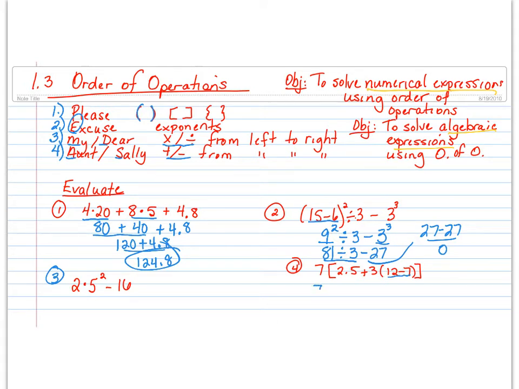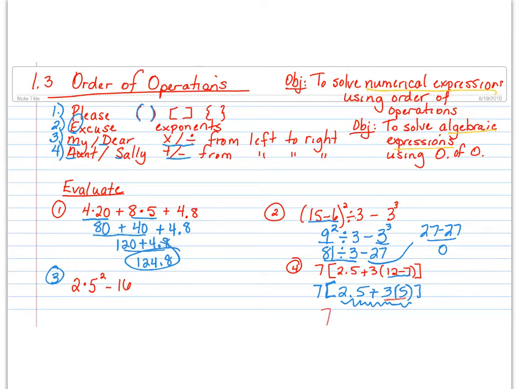So I'm going to drop down the 7 times, that's 2.5, plus 3 times, that has one number left in it, so I don't have to put the parentheses, but I can. I still have parentheses inside, right here. So I look in here and I have 2.5 plus 3 times 5. I have to do 3 times 5 first. So I'm going to go here and underline 3 times 5.